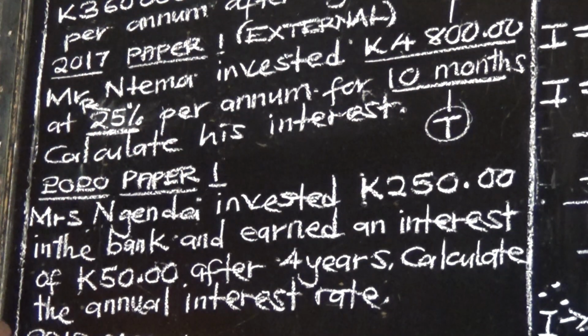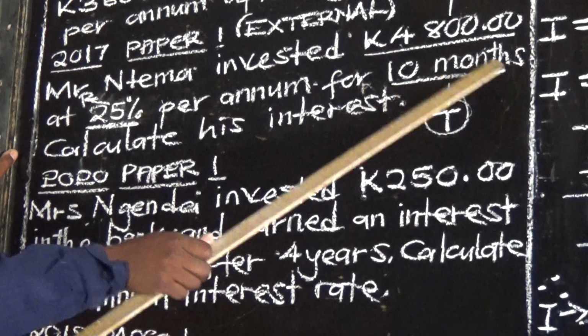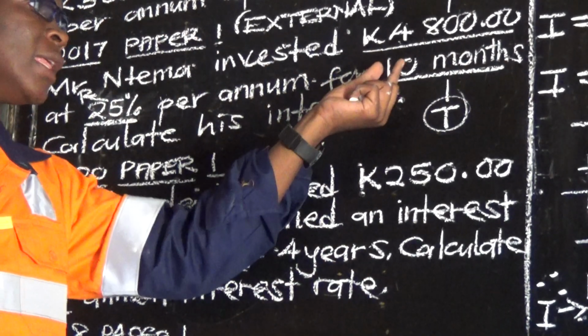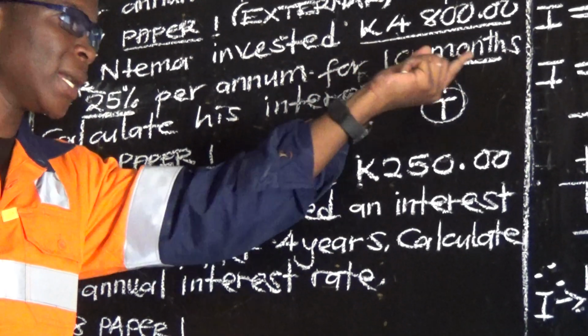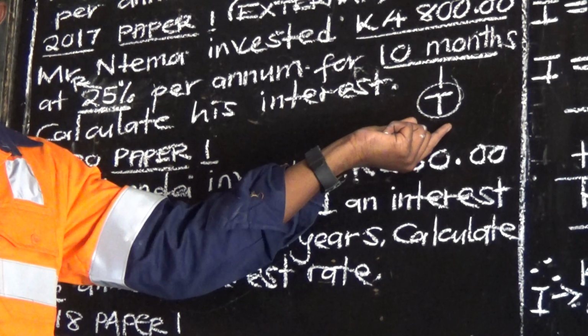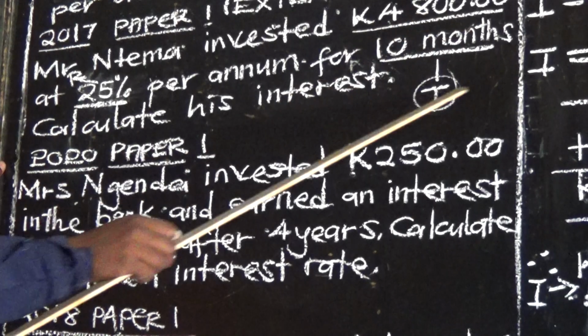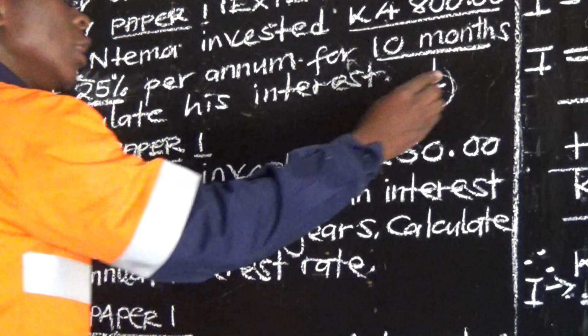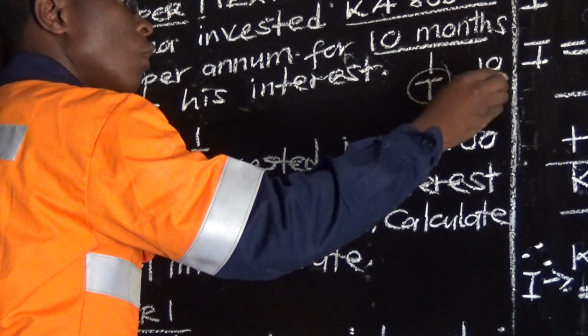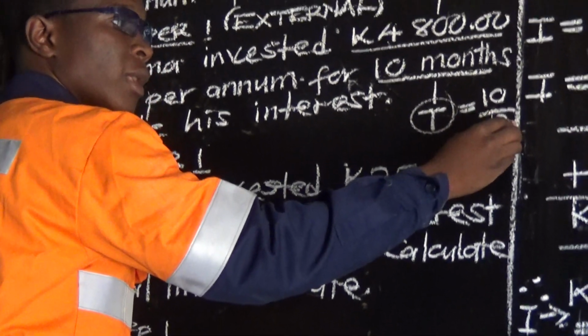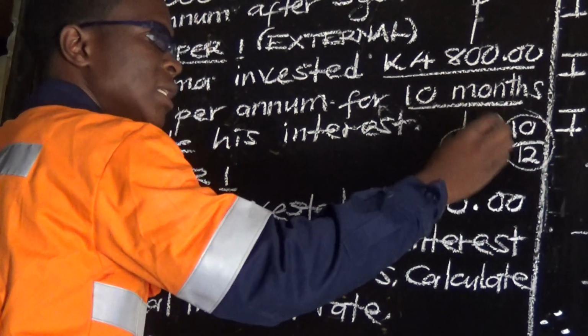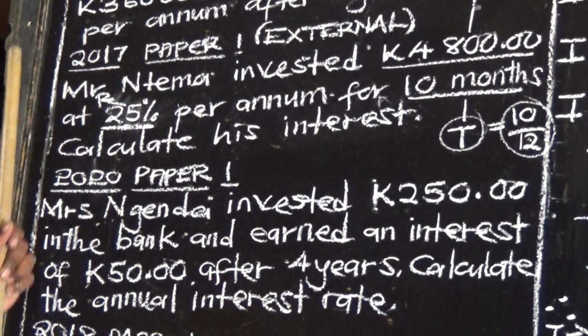Now remember what I said, if you have been given time in months, the best thing you can do is to convert this time, which is in months, into years. So since this is 10 months, for you to convert this 10 months into years, you just say 10 over 12. So this is our time.